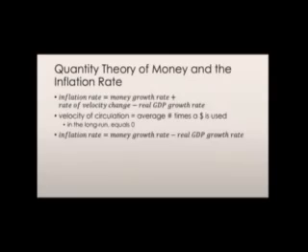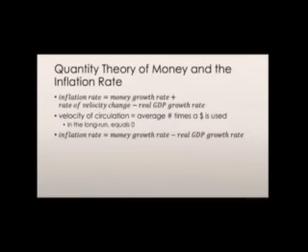A couple of important mathematical items that we need to cover. First, I'm going to define velocity of circulation. Velocity of circulation is the average number of times that a dollar of money is used annually to buy the goods and services that make up GDP. The inflation rate can be calculated as the money growth rate plus the rate of velocity change minus the real GDP growth rate.